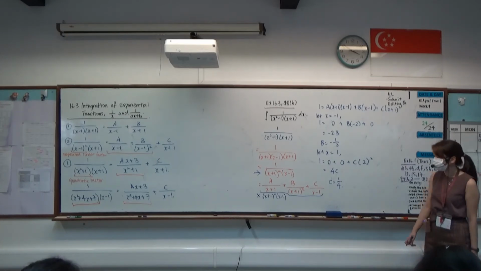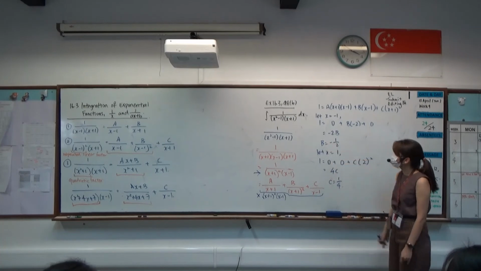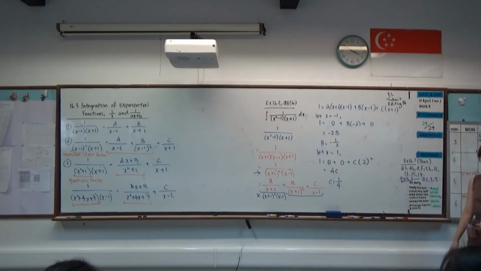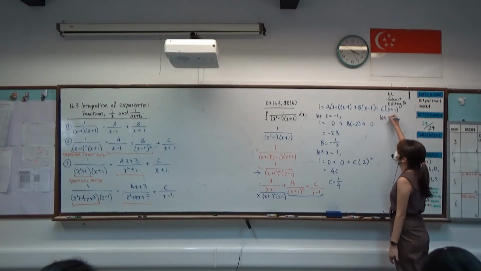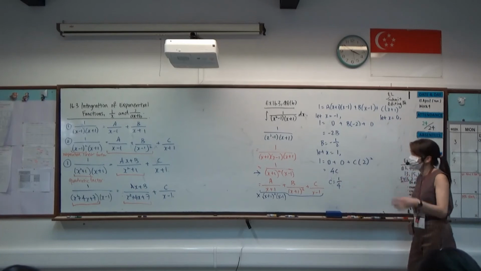Now look at the last one. You can choose x to be any number. You want to choose 1 billion also can, but you will press your calculator until you die. Just choose simple numbers, 0 will do.